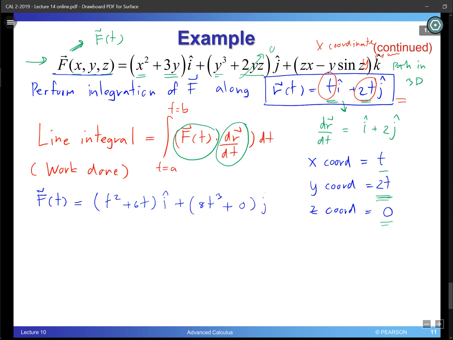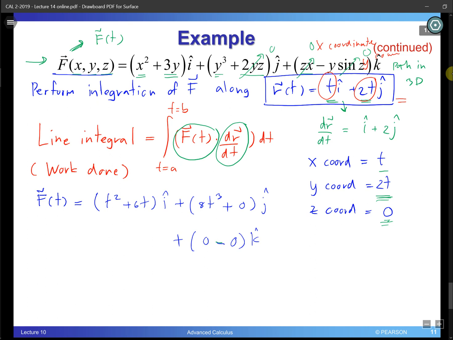j plus, let's take a look at the last component, zx here. So z, we know that is equal to 0. This is going to be equal to 0. Minus y sine z. We know that z equal to 0. Sine z, sine 0 becomes 0. So we have minus 0 right here. And that is k.